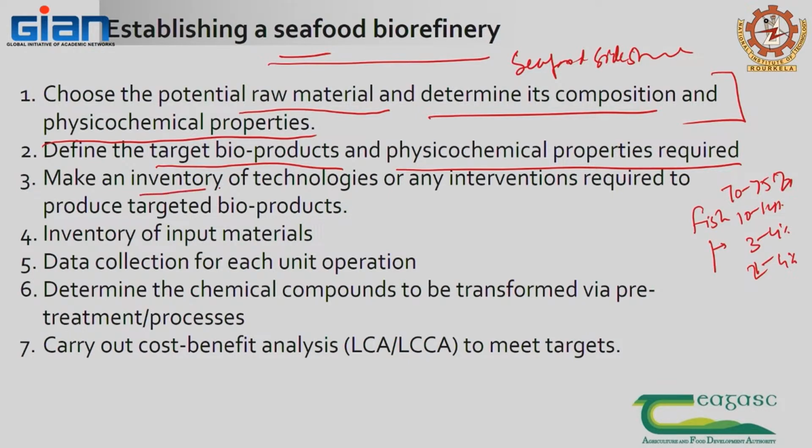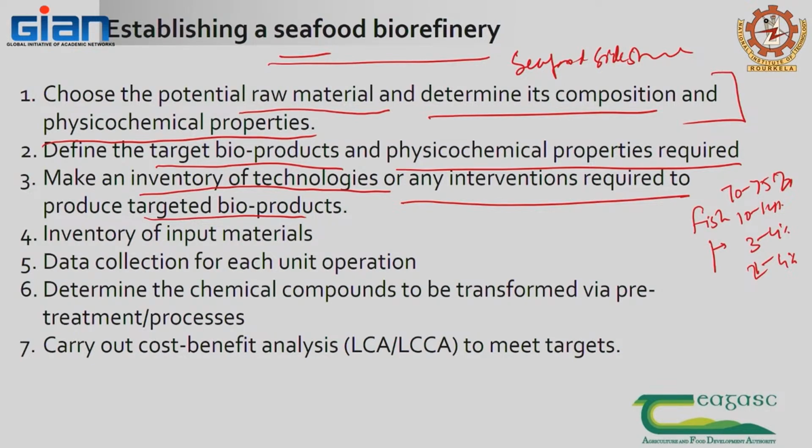Then you make an inventory of technologies or any intervention required to produce the targeted bioproduct. This is very simple, plain English to establish a biorefinery. If you want to add any terms or anything is missing, you can interject in between.